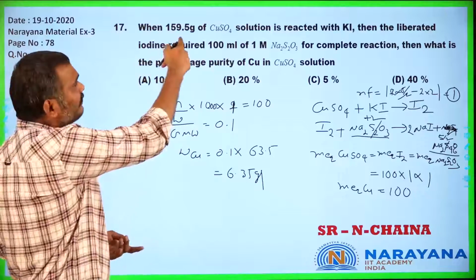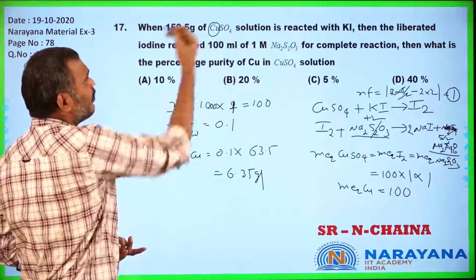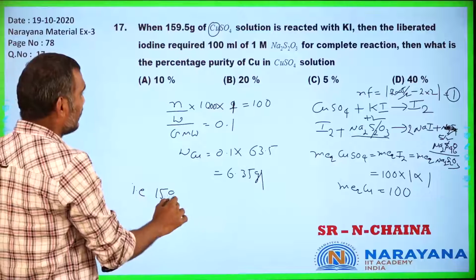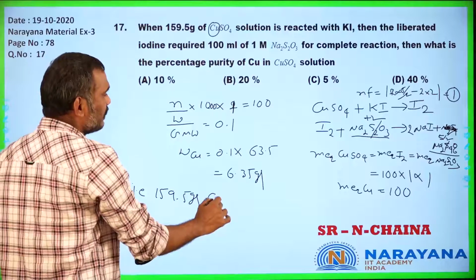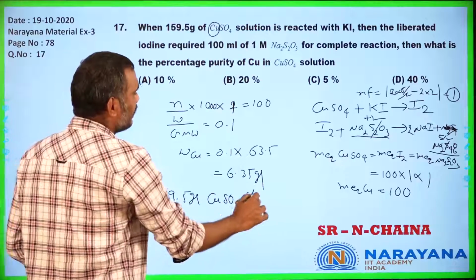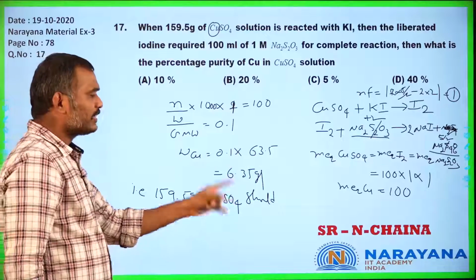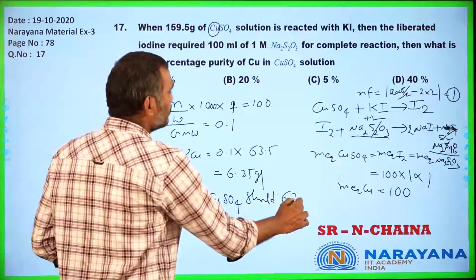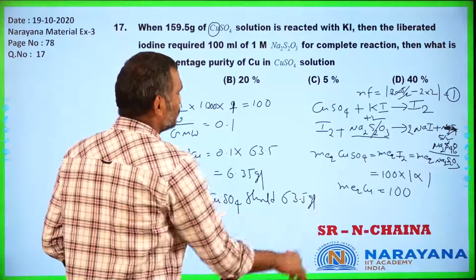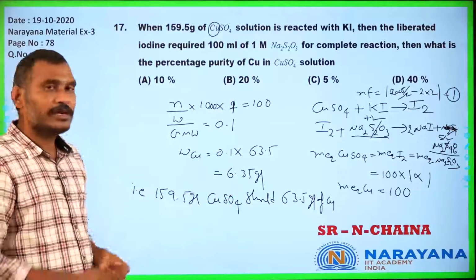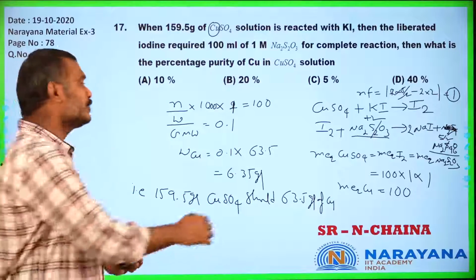So for 159.5 grams of copper sulfate, how much copper is there? 1 copper. 159.5 grams of copper sulfate should have 63.5 grams of copper. But they gave how much only? 6.35 grams only you got.